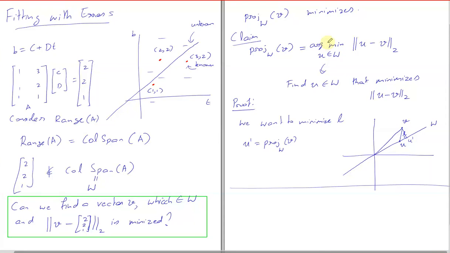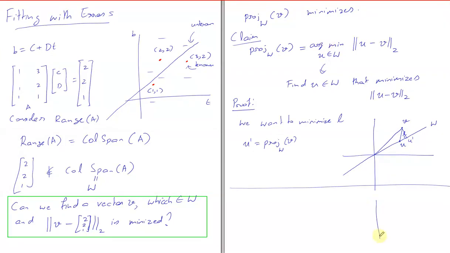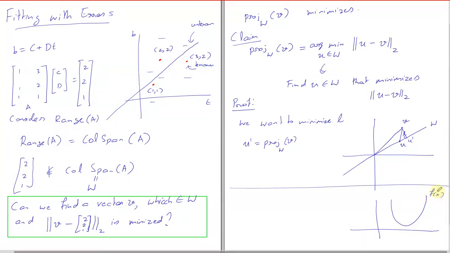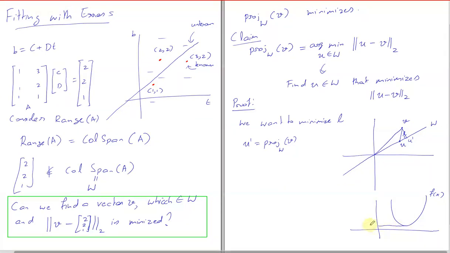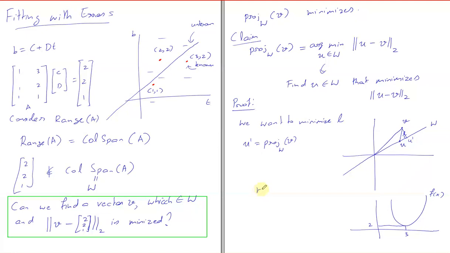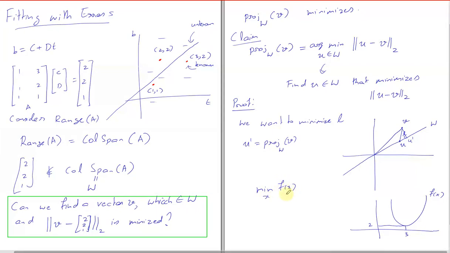Okay, let's take one example. Let's say this is some function f of x, and the minimum over x of f of x is at a value where this is 2 and this y coordinate is 3. What is min over x of f of x?